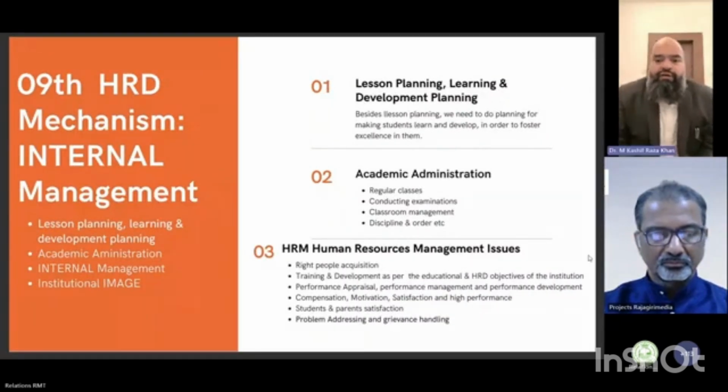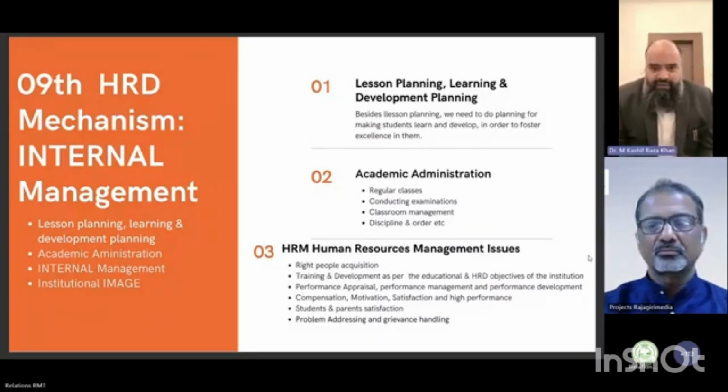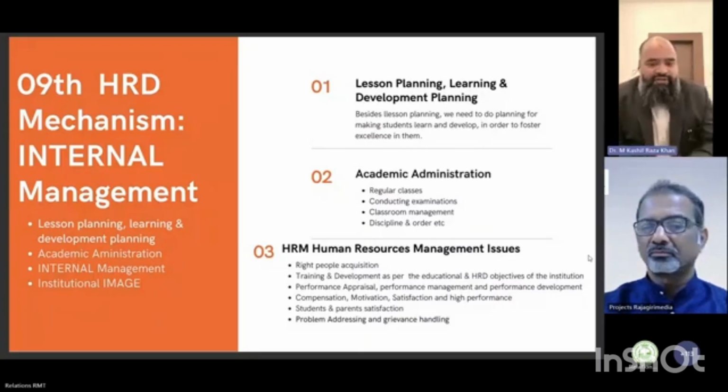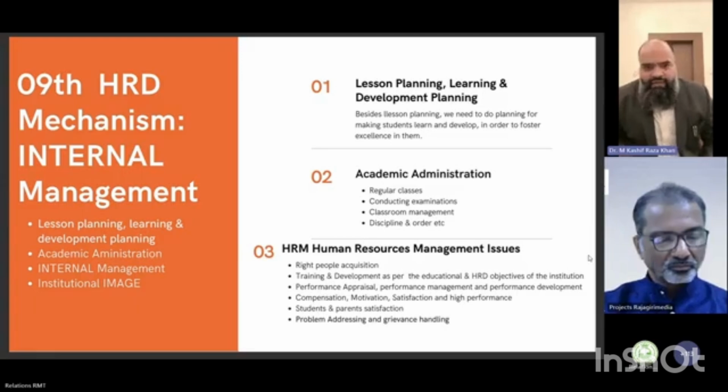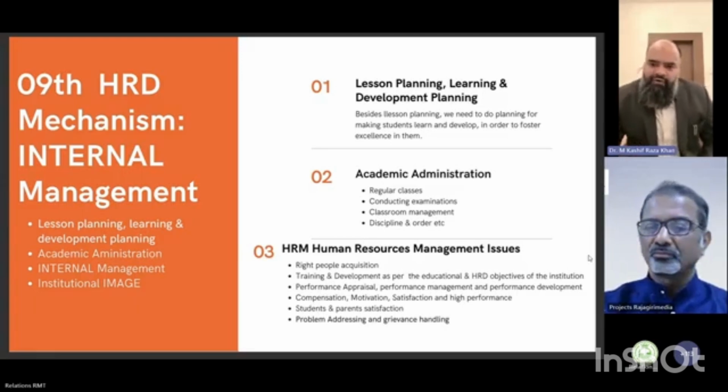The first component of the internal management aspect is lesson planning. Although this is part of academic administration, I have separated it from academic administration. The first point is lesson planning, learning planning, and development planning. I have given lessons to my teachers, but I have to be careful about learning planning also. Are my students learning or not, and are they developing or not?